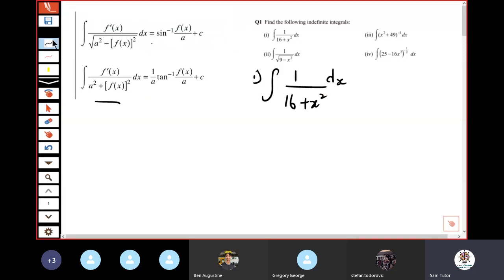So if the derivative of x is 1, which it is, it's just horrible. Look, I'm going to show it the way I would personally do it. What you need to know, the most important thing of this, is if it's inverse tan, it's 1 on a.